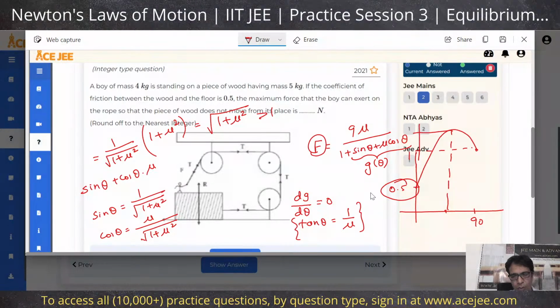Here in this scenario, you can see it in different ways, but d2g by d theta squared would be the most reliable way to see whether at this theta you have a maximum, right? But what we are interested in this scenario is the minimum. So for F to be maximum, sine theta plus mu cos theta should be minimum. If the denominator is minimum, then we get the maximum value for the force F.